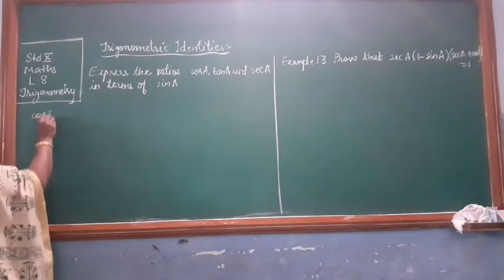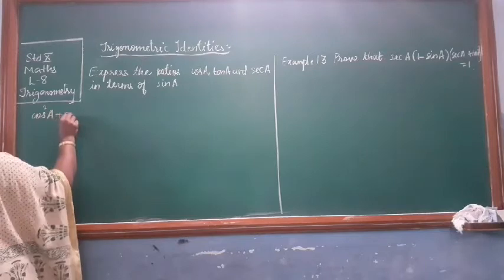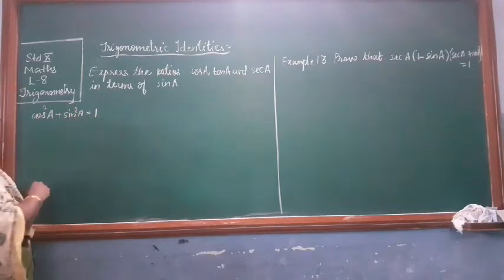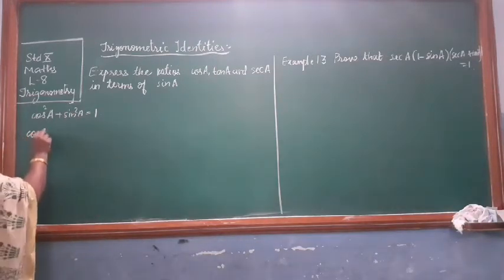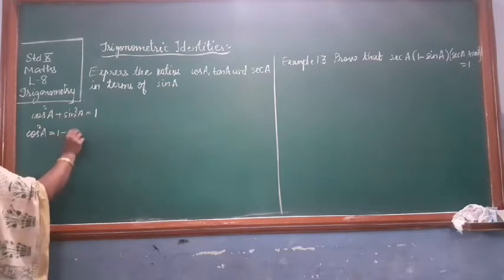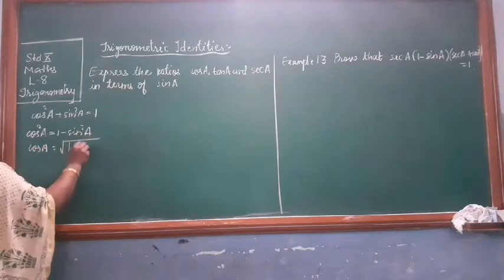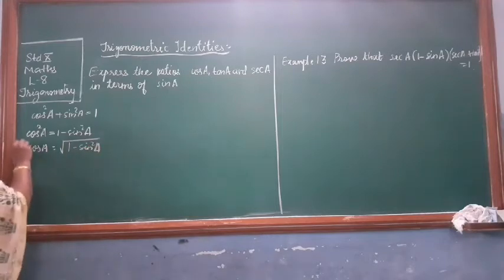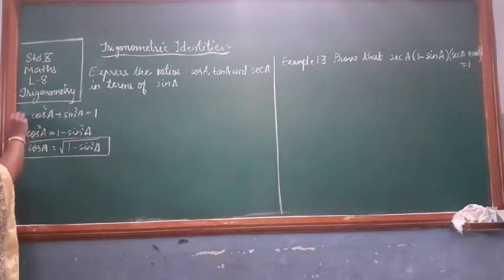First you write cos A. We have to bring cos A into the form of sin A. Now you know that cos square A plus sin square A is equal to 1, and we had written many expressions related to this. So we have to express cos A. Cos square A is equal to 1 minus sin square A. From this expression you can write cos A will be equal to under root of 1 minus sin square A. So our first relation is done: cos A expressed in terms of sin A. So this was the first one.